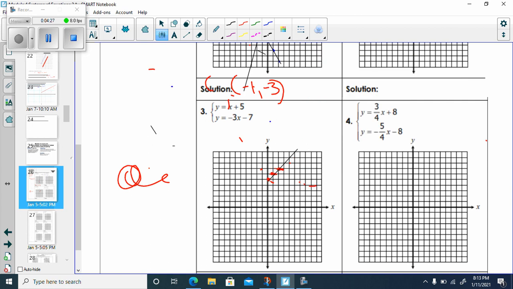This starts at negative 7, so we need to come down here to negative 7.